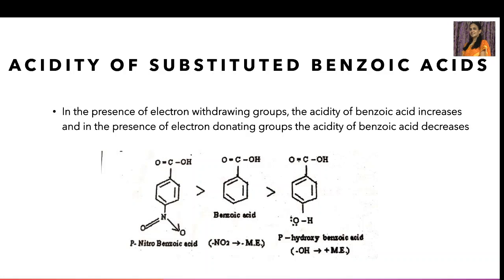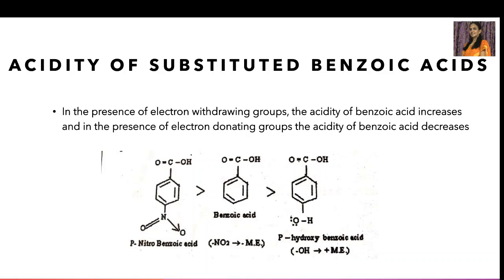Now, consider this electron releasing group. When it releases electrons towards this bond, then what happens? This OH bond becomes stronger. As this bond becomes stronger, the hydrogen cannot be released easily. The acidic nature of this para-hydroxybenzoic acid is less when compared to benzoic acid.